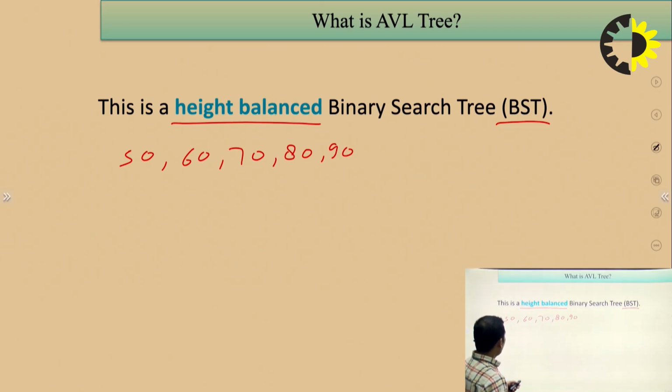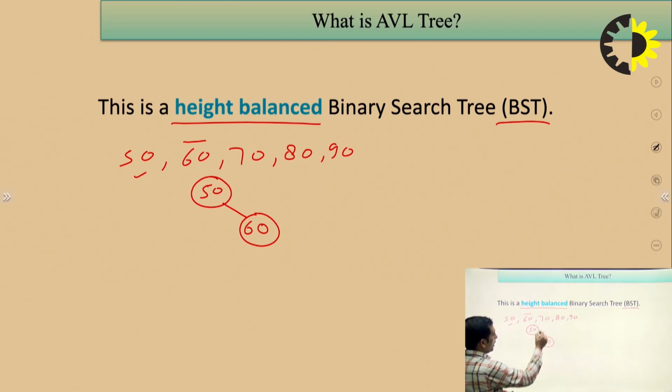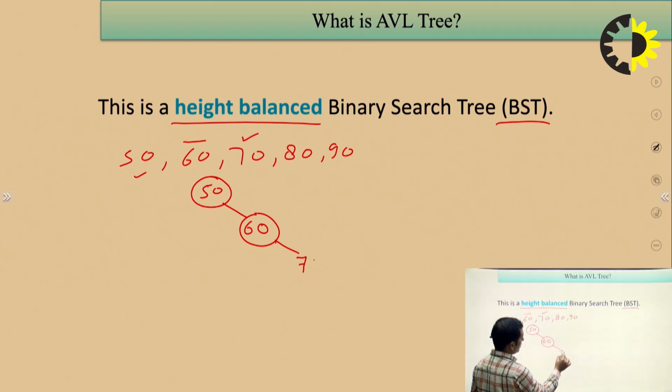In the creation of BST, the empty BST has no problem. Now insert 60, which is greater than 50, so we insert 60 into the right side of 50. Then insert 70, which is greater than 50 and also greater than 60, so 70 will come here on the right side. Now insert 80 in this particular BST.